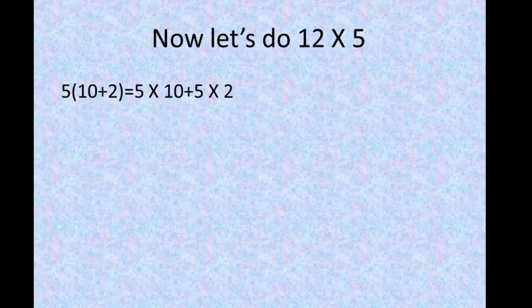Now we have 5 times 2. Well, if you remember, we were doing 5 times 1, and 5 times 1 is 5. So 5 times 2 is 5 times 1 plus 5 times 1, it'd be 10. And now we have to add those up. It'd be 50 plus 10 equals 60.